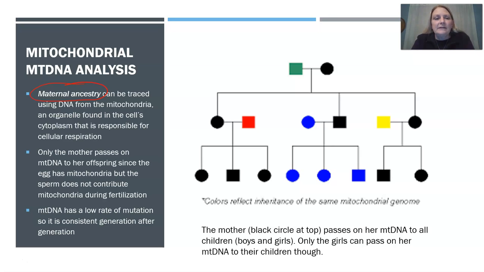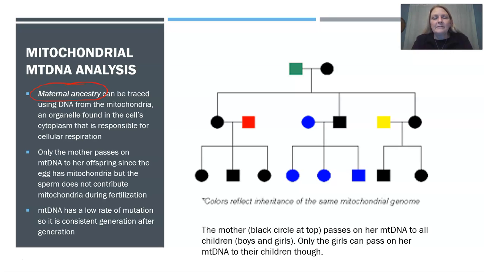Okay, so we know that the mom is the only one who can pass along what we call mitochondrial DNA, or mtDNA, to children. And remember, mitochondria are those little organelles that you find in all the cells of your body. We always think of them as the powerhouse of the cell, right?